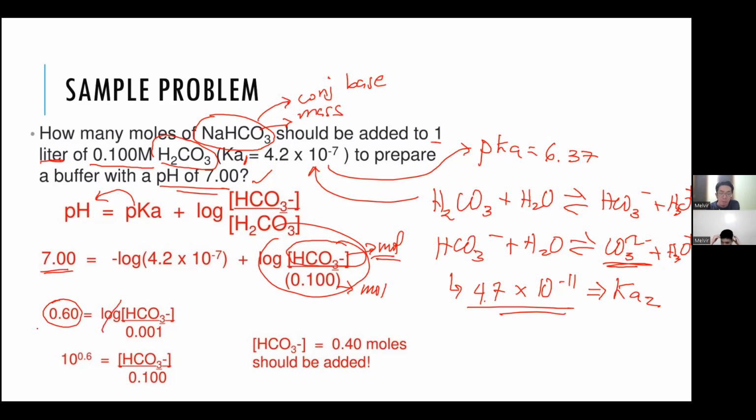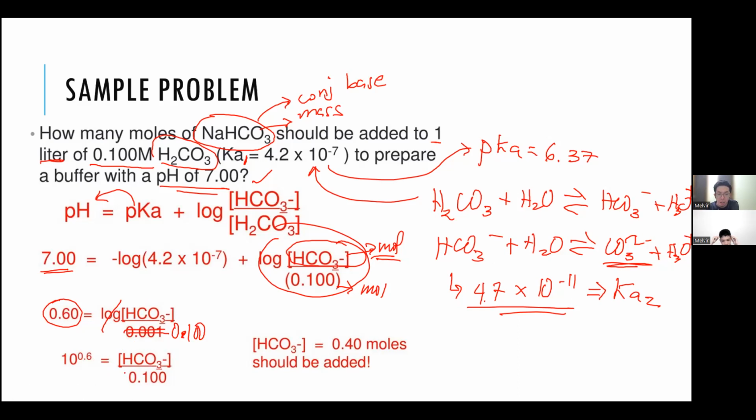Magte-10 raised to something lahat. So, magiging 10 raised to 0.6 equals 10 raised to logarithm bicarbonate over 0.1. Bakit naging 0.001? 0.1 yan, no? Yan, 0.1.